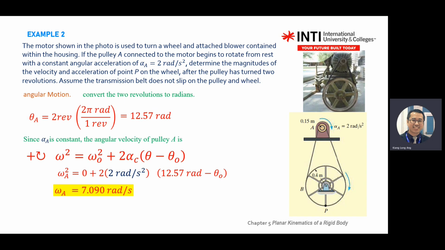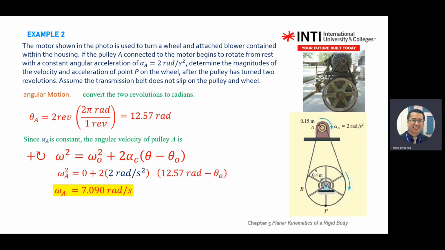So alpha is constant, you can use any equation of the angular motion. In this case, you can find the angular velocity of pulley A, omega. You substitute the values and find omega A, 7 point something.